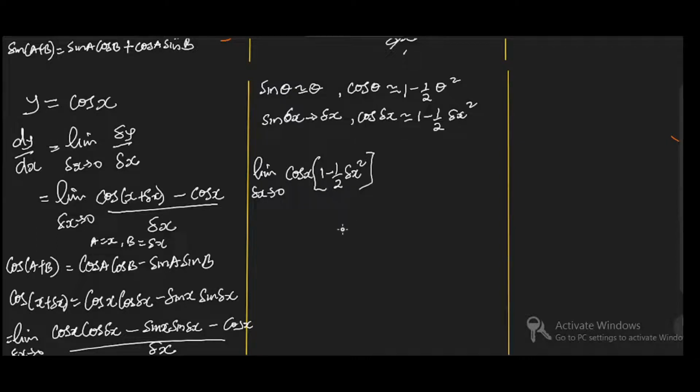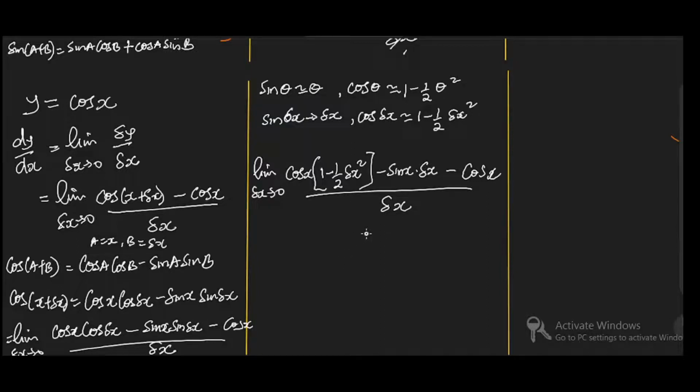Please don't forget the squared. Then minus sine x, which will remain, times sine of the small change in x, which will remain as the small change in x, and also minus our cos x. All this is out of the small change in x.